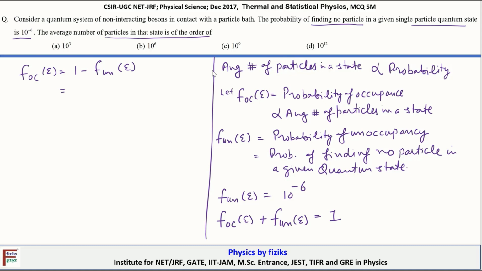Okay, and that is equal to 1 minus 10 power minus 6, which is basically equal to 1 minus 1 upon 10 power 6. So after solving we obtain 10 power 6 minus 1 upon 10 power 6.